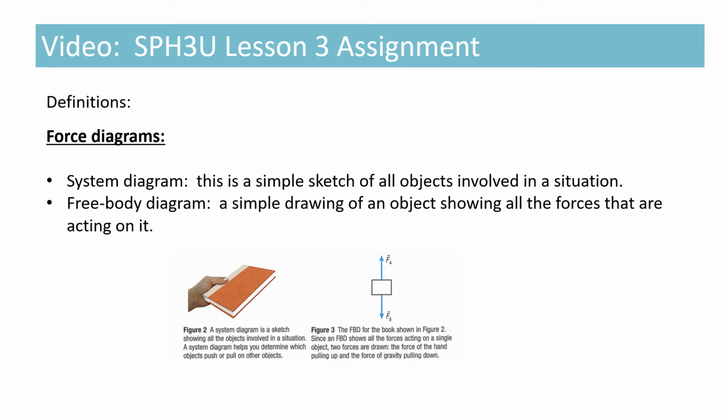We use force diagrams to show the forces acting on an object. We could use a system diagram, which is a simple sketch showing the objects involved in the situation, shown in the diagram in figure 2, or we could draw a free body diagram, which is a simple drawing of an object showing all the forces that are acting upon it.